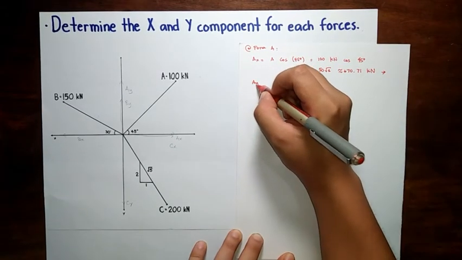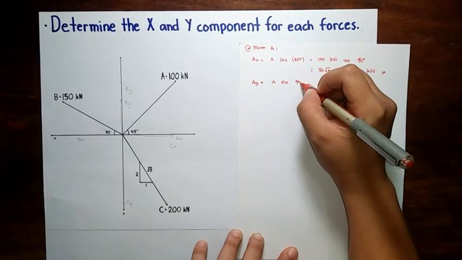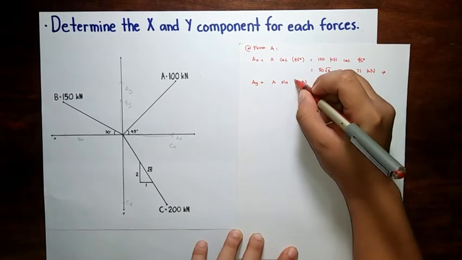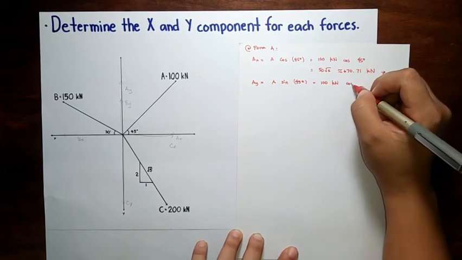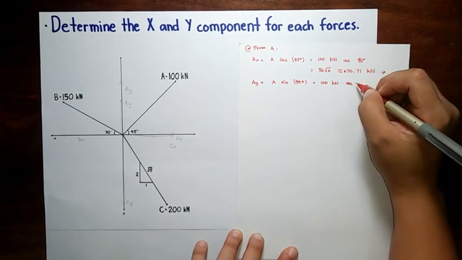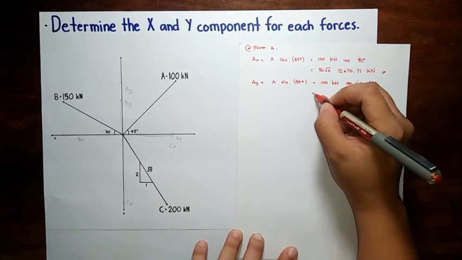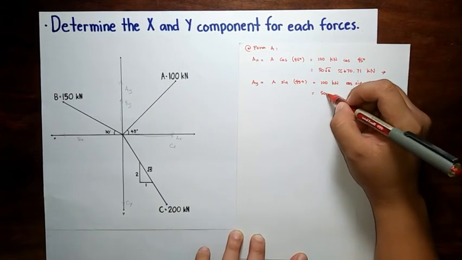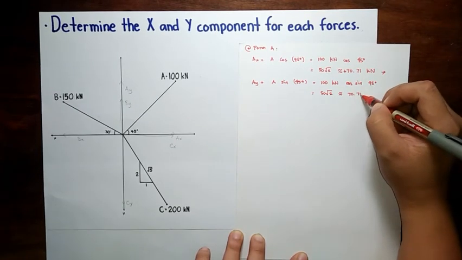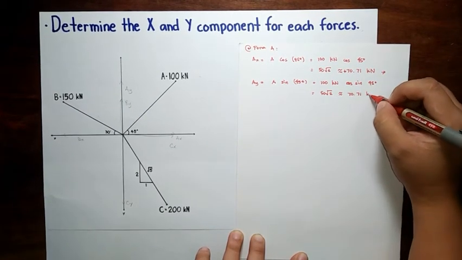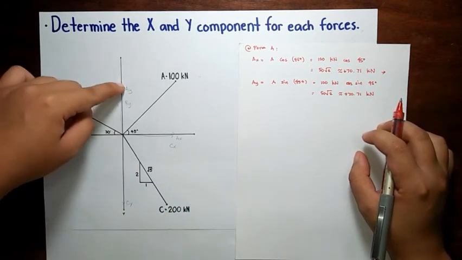And for AY, that's simply A sine 45 degrees, equal to 100 kilonewton sine 45 degrees. And that would be 50 square root of 2, or approximately 70.71 kilonewton, and that is positive as well because it's going upwards.